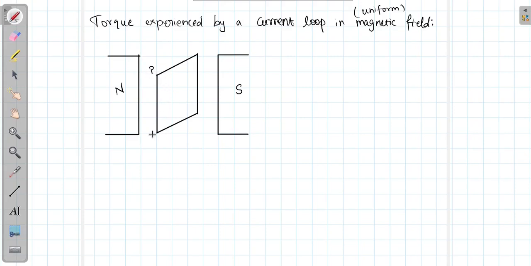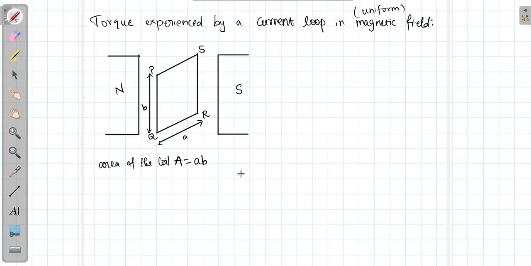I'll give names for the corners P, Q, R, S. The length of the coil is A and the height is B. Therefore, the area of the coil is capital A equal to AB.